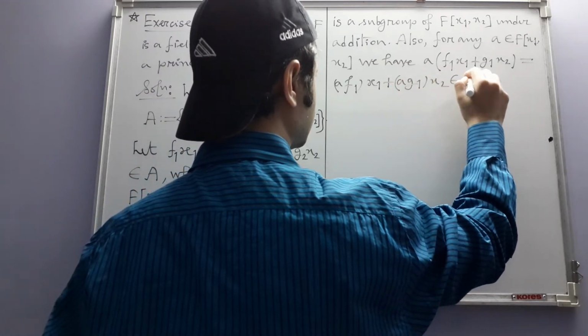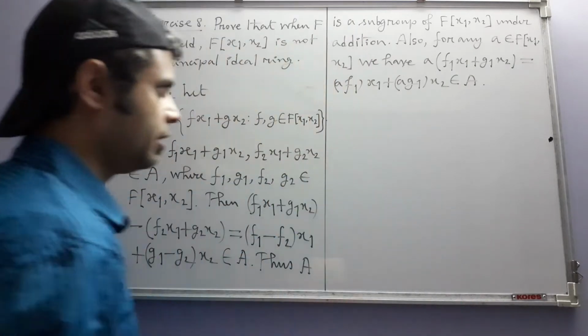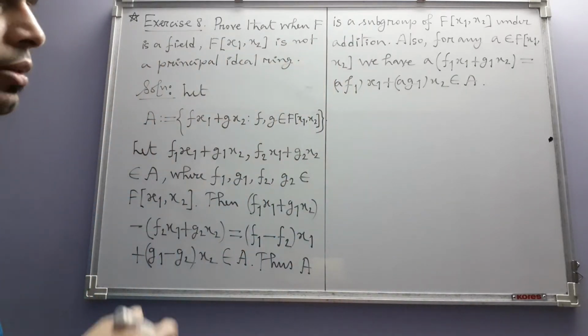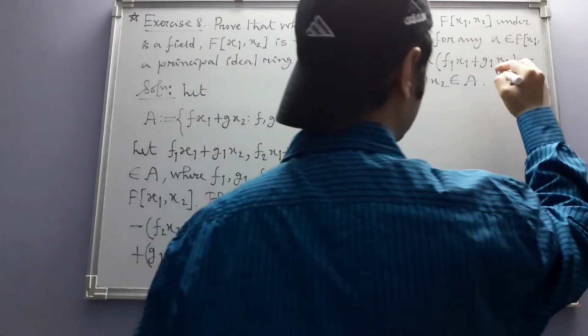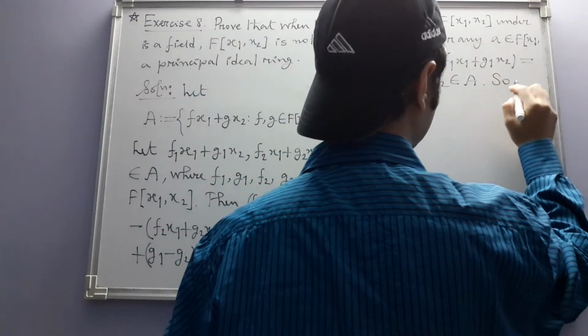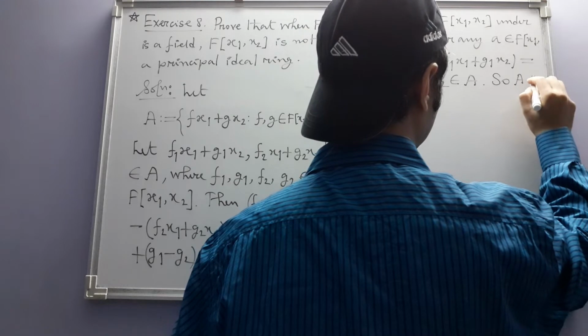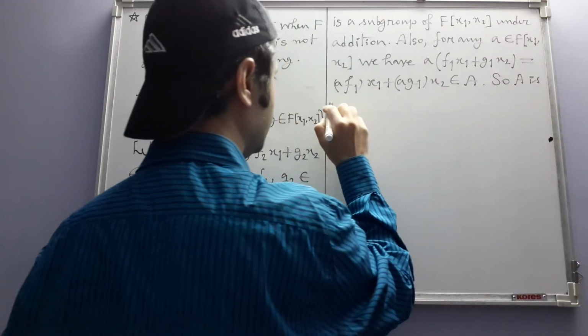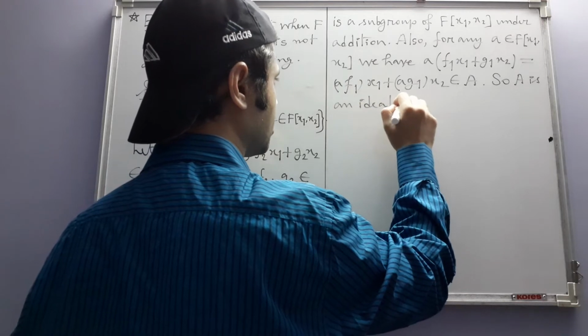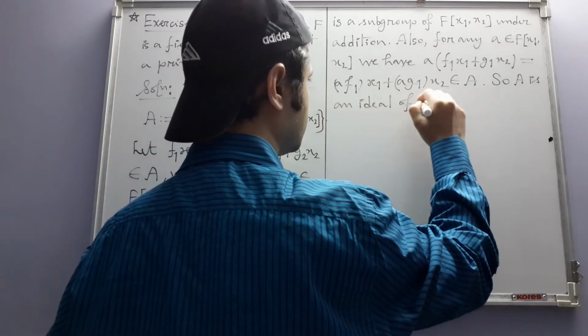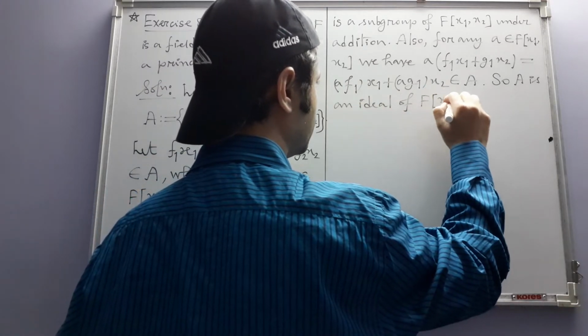This again belongs to A, because a f1 and a g1 are in this ring. So A is an ideal of the polynomial ring.